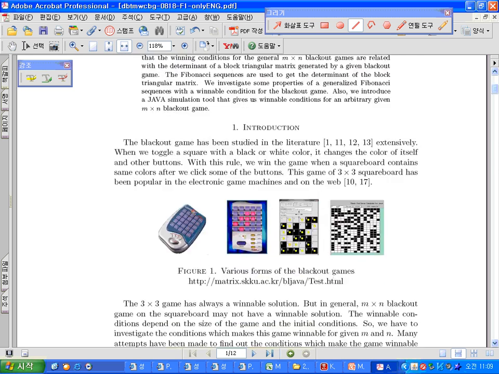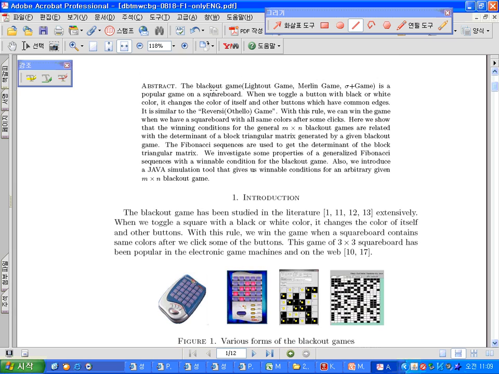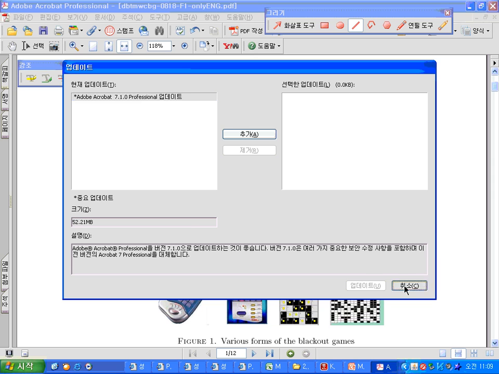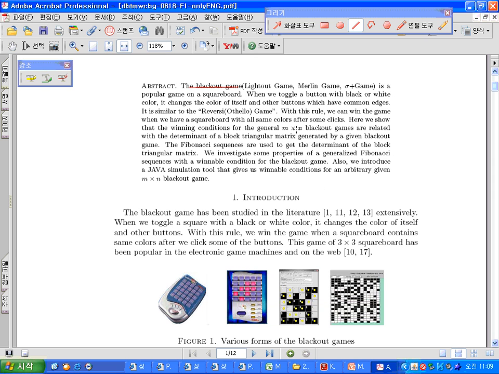Here, the blackout game, and we show that the winning condition for the general n by n blackout game is related to the determinant of a block triangular matrix generated by a given blackout game. And also, the Fibonacci sequence is used to get the determinant of the block triangular matrix.